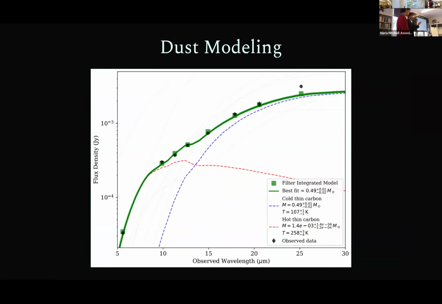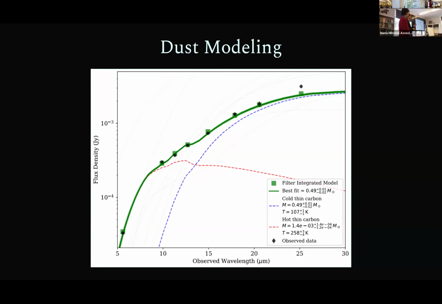We use a statistical process called Markov chain Monte Carlo to fit a range of different parameters to our data points. So this MCMC process runs through a whole bunch of parameter combinations. In this case, the parameters we're looking at are the mass and the temperature of our dust, and it runs through these in order to find a combination of parameters whose light curve best fits the data we give it.